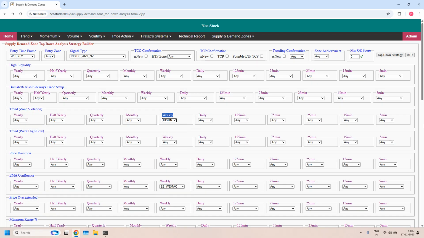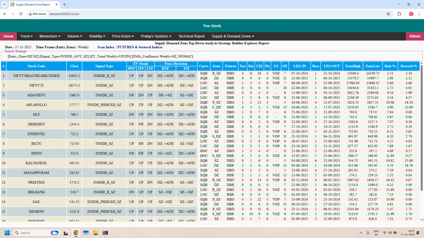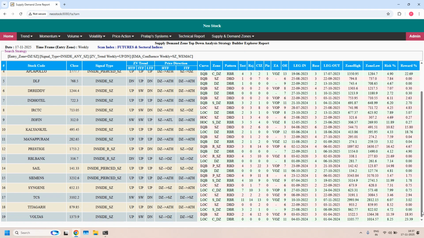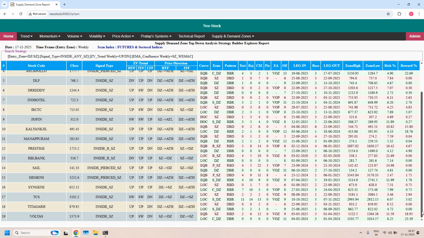It can be up or down trend. Now we got the reduced list, first 15 stocks in the list. Scrolling the list down, total 19 stocks we got. So next report is daily, already generated in the beginning of the report.